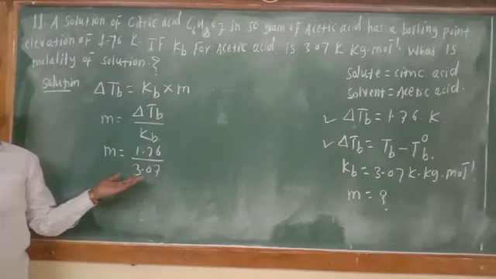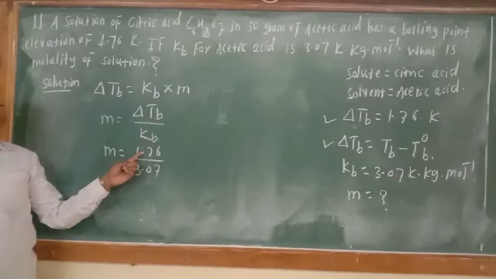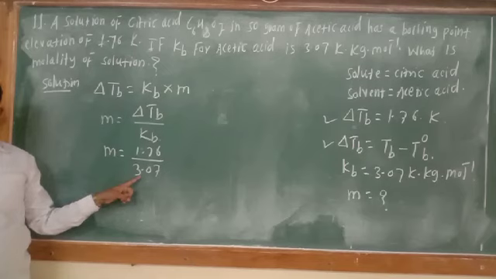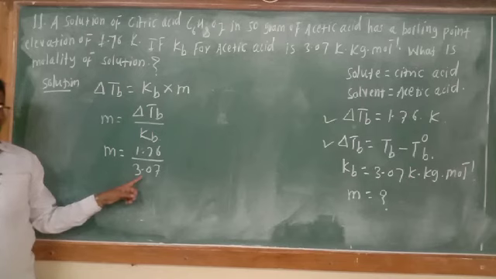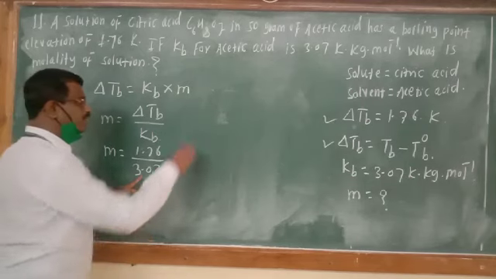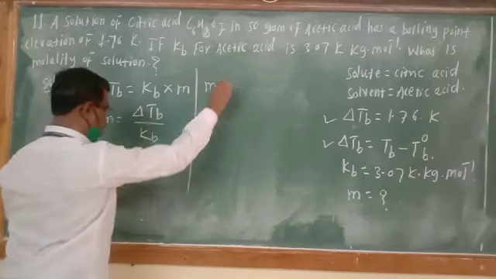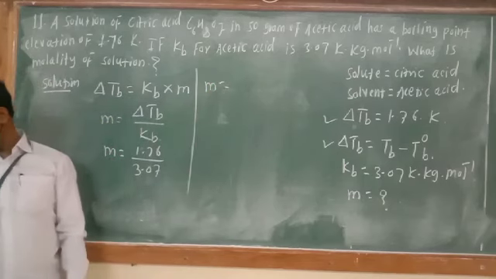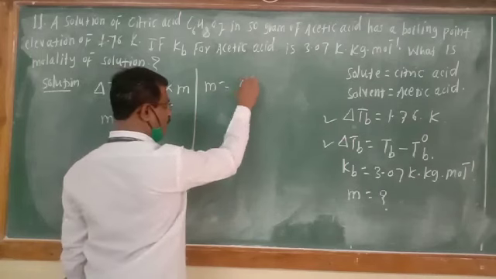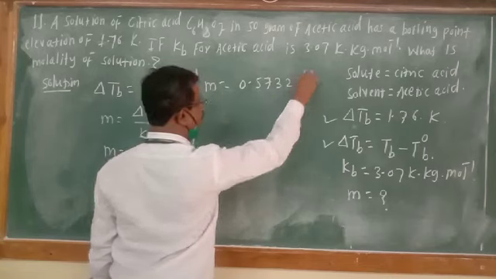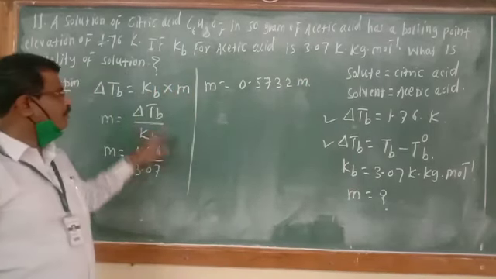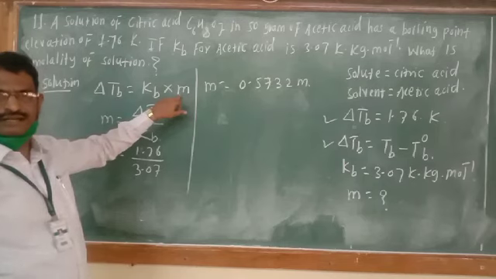So very simple. Take the log of numerator minus log of denominator. Do the subtraction and then see the antilog, so that you will get the final answer. Molality small m of this solution will be equal to 0.5732 molal.